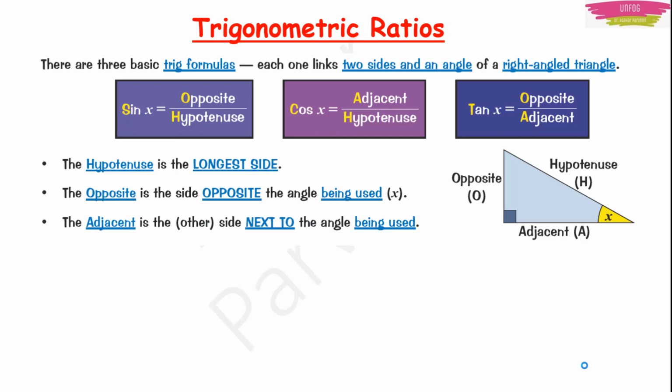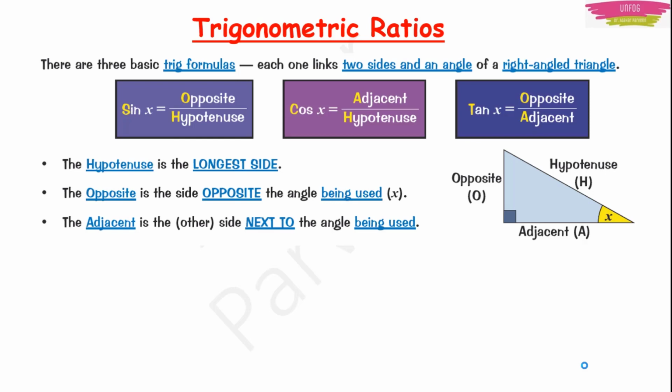Which is the remaining side? The third side, the side which is near angle x, that side is known as the adjacent side. Okay. So in triangles we have 3 sides. I am talking about a right angled triangle. In this right angled triangle we have 3 sides: hypotenuse, opposite side and adjacent side.